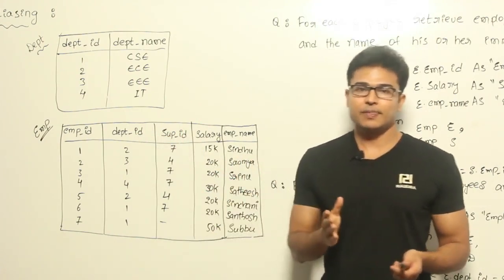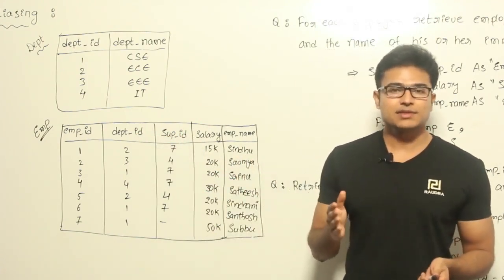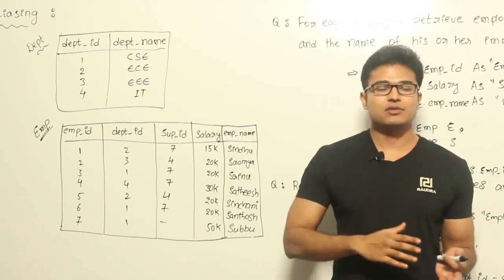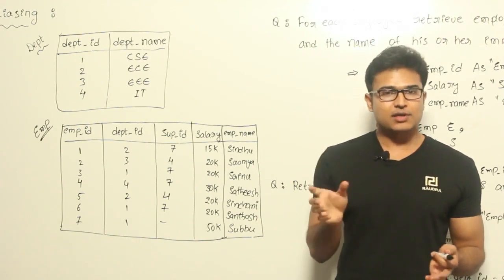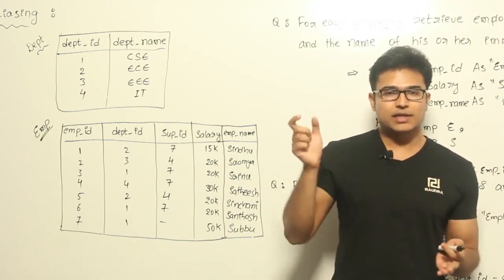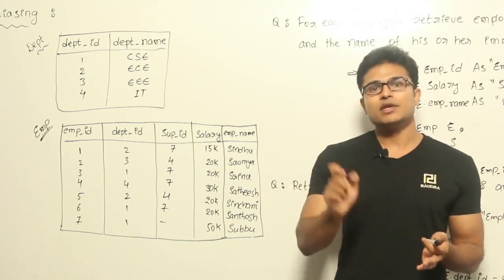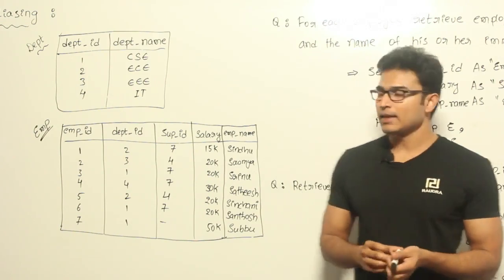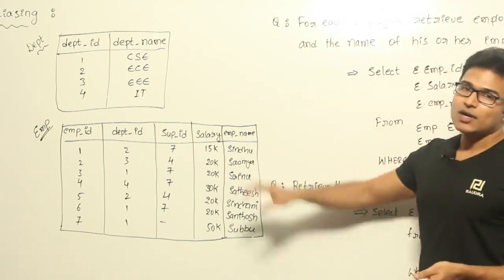So for that reason, it is better that you name the instances of the tables with different names, right? Temporarily, we are not going to change the names, or during this evaluation of the query, we just call the instances of the tables with different names so that there will be no ambiguity in calling with the names. Okay. And now this concept is called as aliasing.